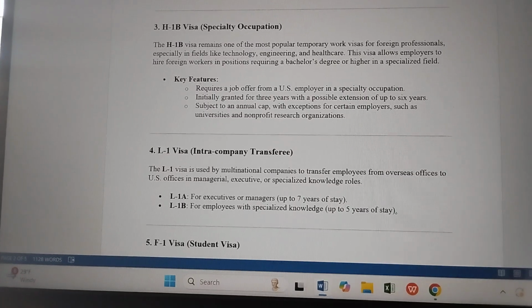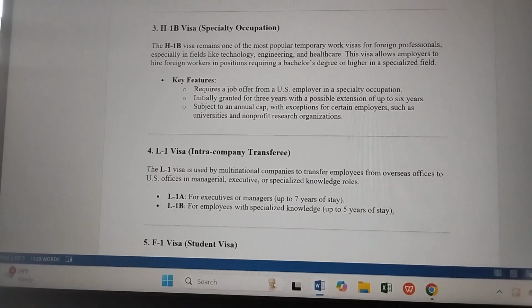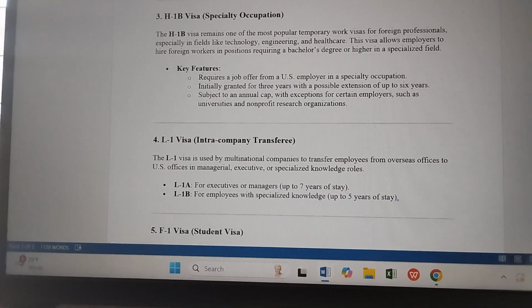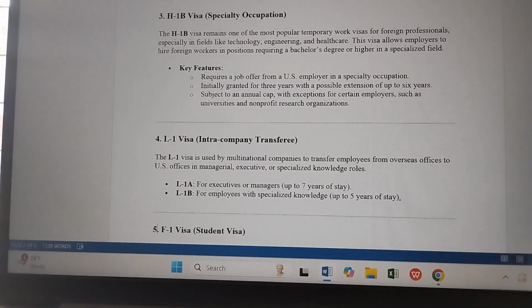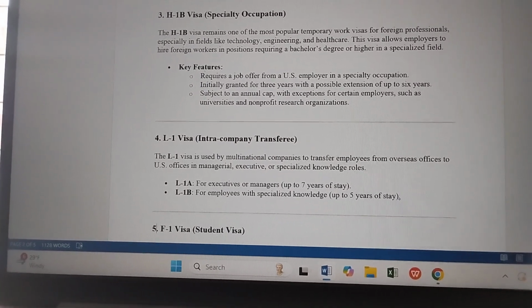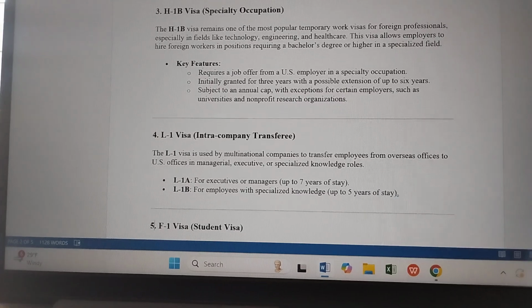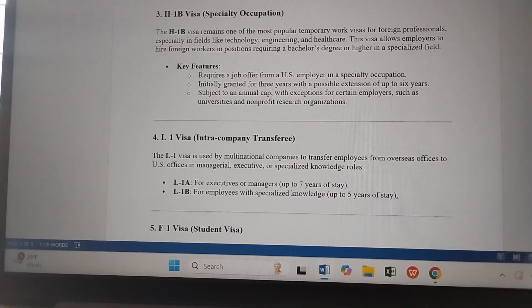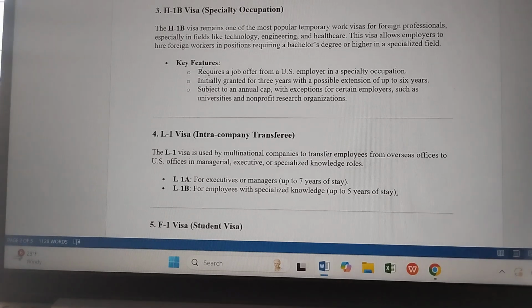H1B visa. This one is for specialized occupations. The H1B visa remains one of the most popular temporary work visas for foreign professionals, especially in fields like technology, education, engineering, and healthcare. This visa allows employers to hire foreign workers in positions requiring a bachelor's degree or higher in a specialized field.